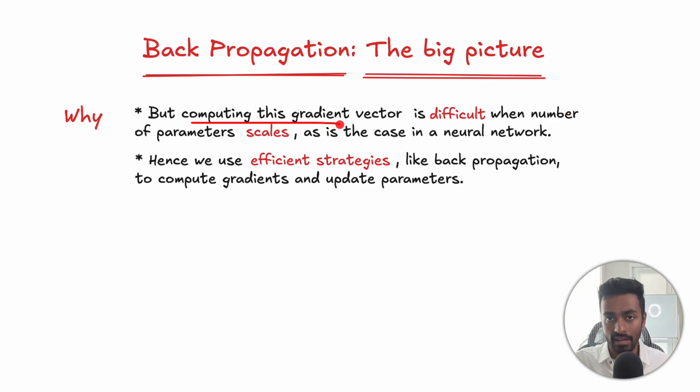But computing the gradient vector is difficult as the number of parameters increases, as is the case with the neural network. And so we use efficient strategies like backpropagation to compute the gradient vector and hence update the parameters.